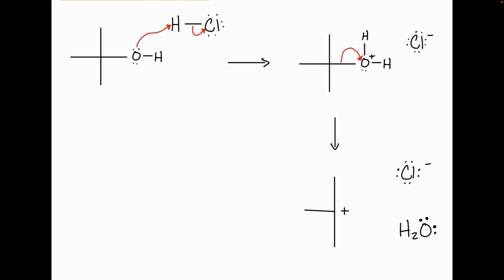So in this case, I'm breaking my carbon-oxygen bond and giving that pair of electrons to that water molecule. All right, so just one arrow for that next step in our mechanism. And then the last step here will form our product.